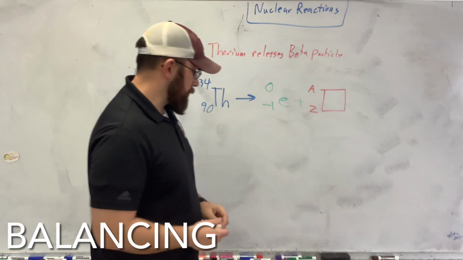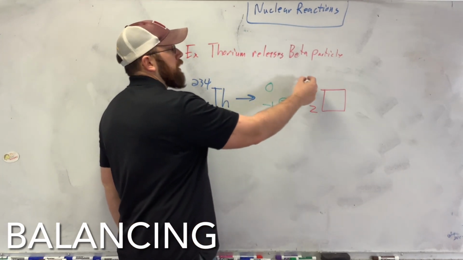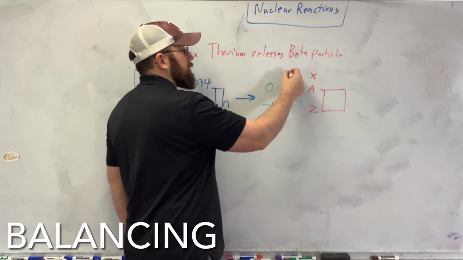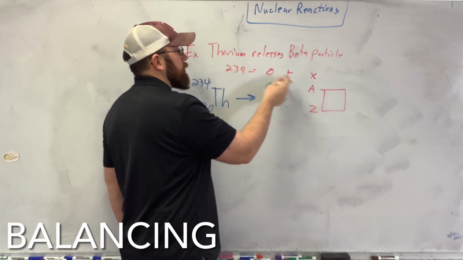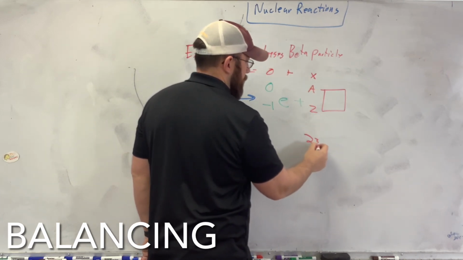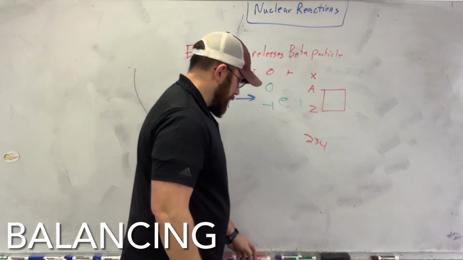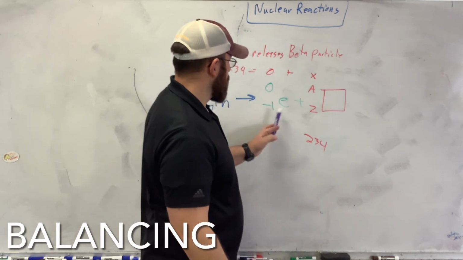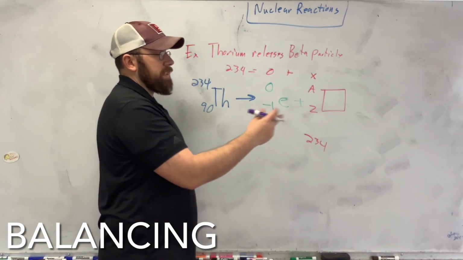So these have to equal it up, correct? So 234, if you want to write it as an equation, you could say this is x plus 0 equals 234. So if you solve, x will have to equal 234. Same thing down here with the atomic number.